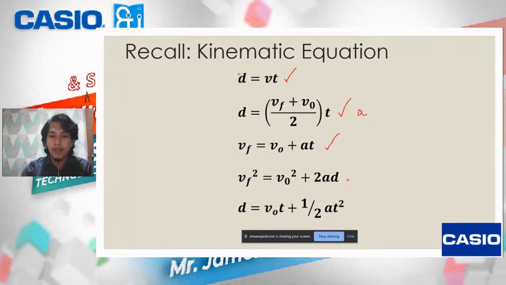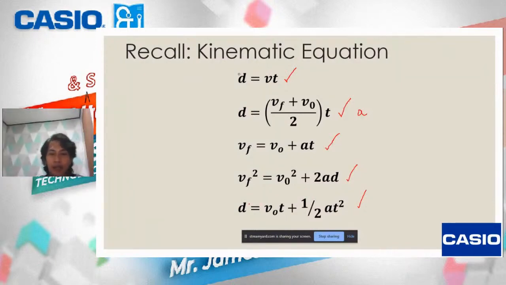And then, ito din, minanipulate din natin using other equations, okay, such that ang makuha natin ay yung ating distance, even if hindi natin alam yung ating final velocity. So, ito, mga topics natin to sa kinematics equation na gagamitin din natin ngayong projectile motion.